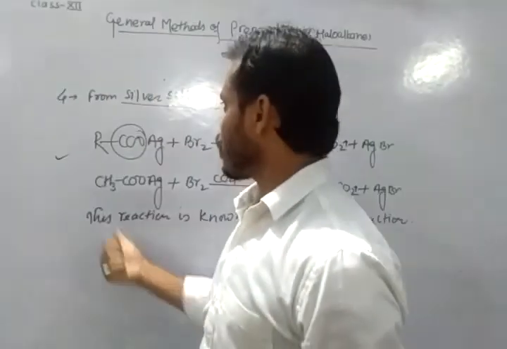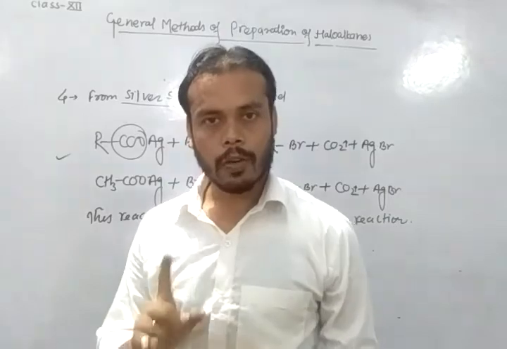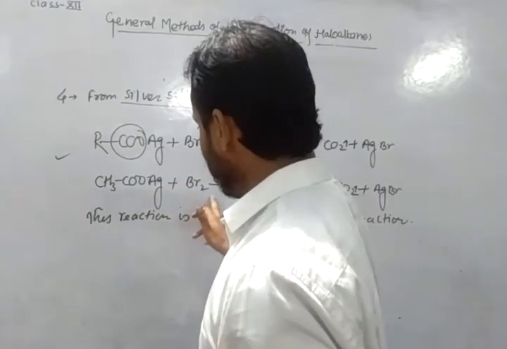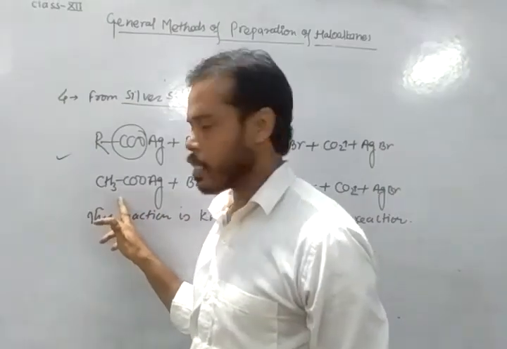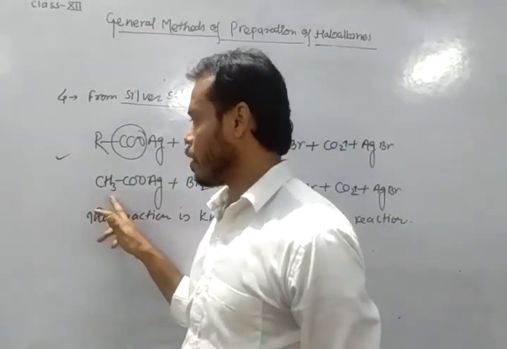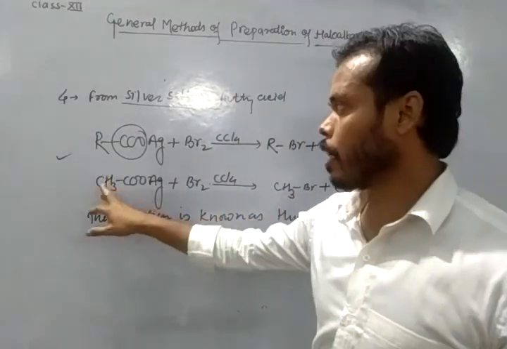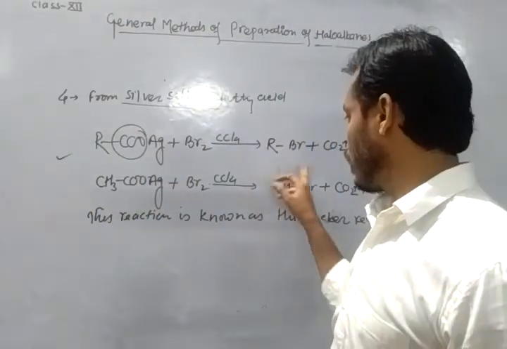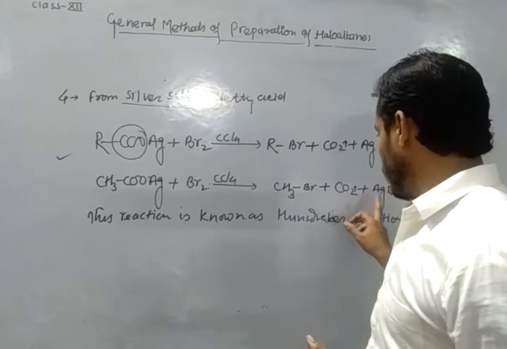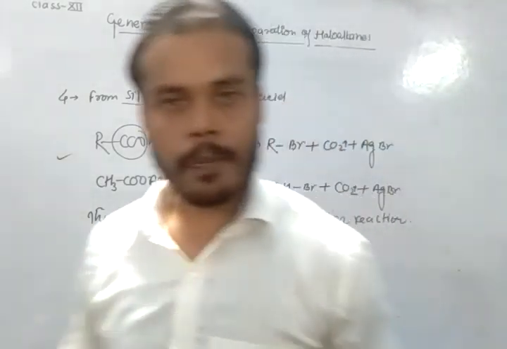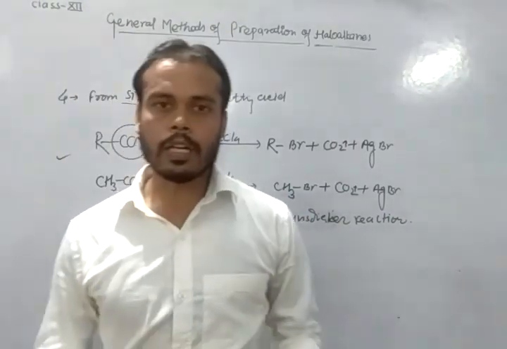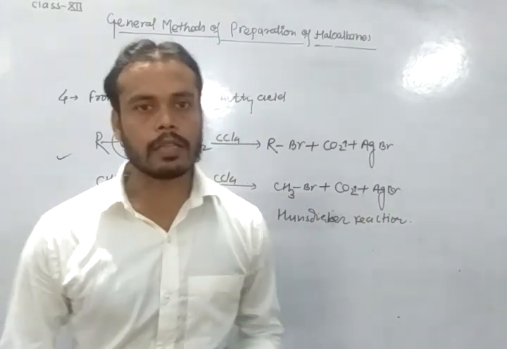And from the silver salt of fatty acid you can form only bromoalkanes, because here bromine is treated with the silver salt of fatty acid, and the bromine acts as an electrophile and attacks the alkyl group and forms alkyl bromide. Here the member is methyl bromide, and carbon dioxide and silver bromide are formed as byproducts.